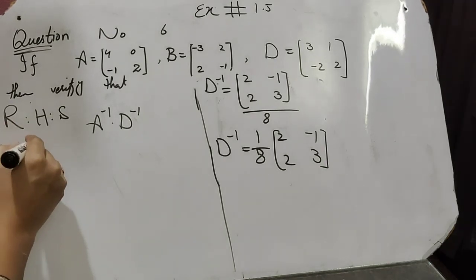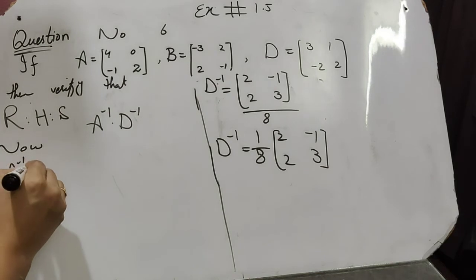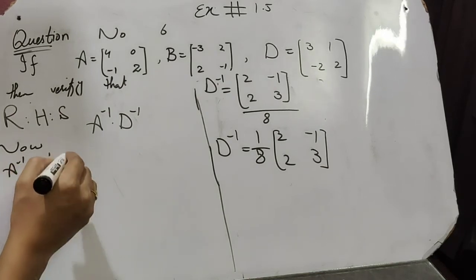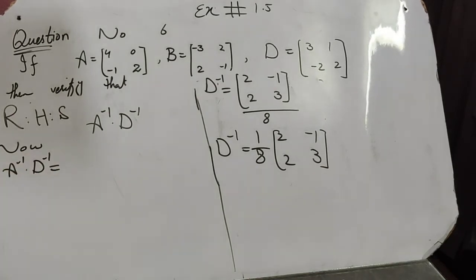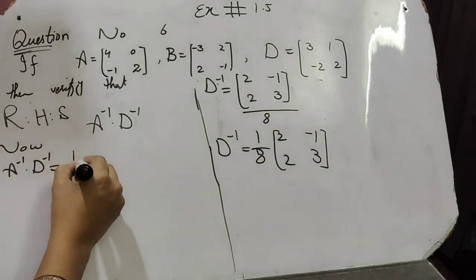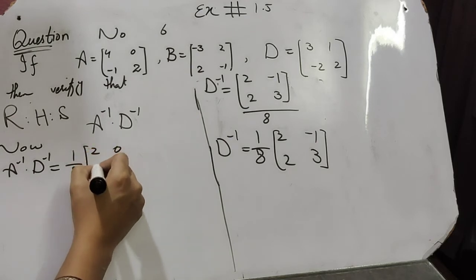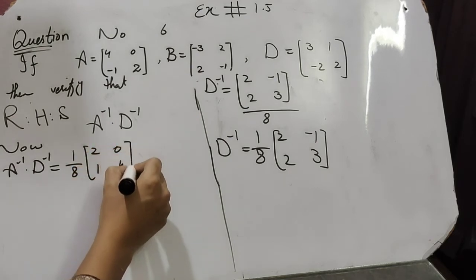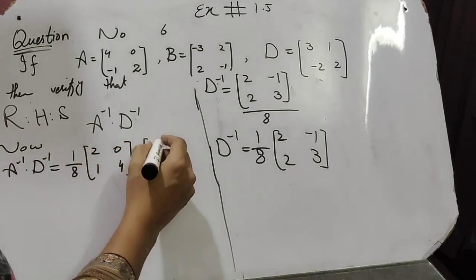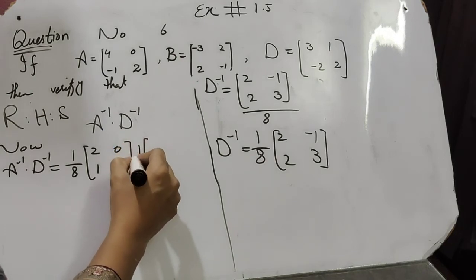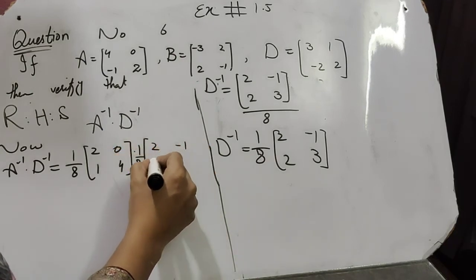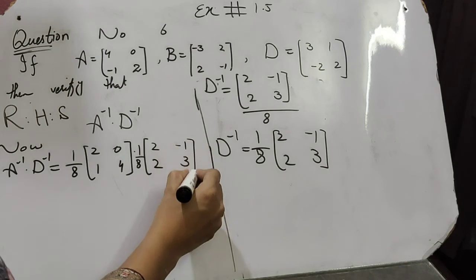Now A inverse into D inverse will be equal to, put the value of A inverse, we get 1 by 8 into [2, 0; 1, 4], and put the value of D inverse, we get 1 by 8 into [2, -1; 2, 3].